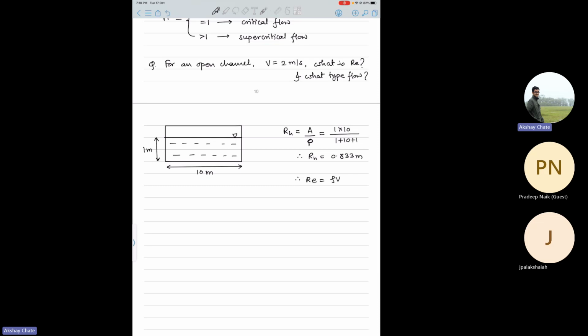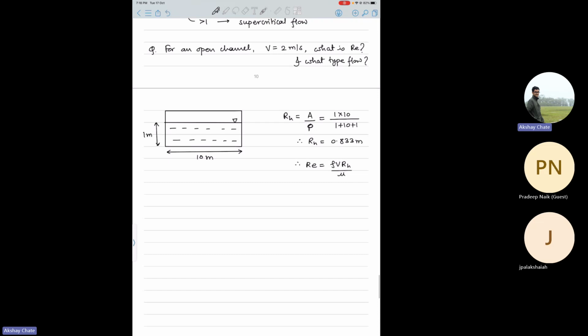And therefore the Reynolds number will be rho v hydraulic radius by mu. For water, the density will be, let's say I give you the density as 10 to the power 3 kg per meter cube, since it's water. And dynamic viscosity for water, let me just check it once.